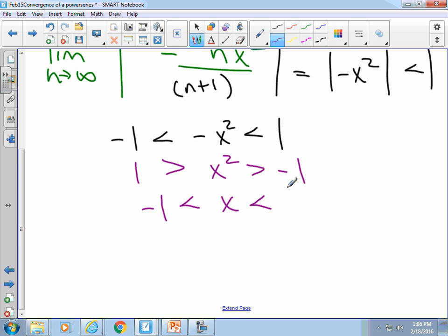We're not just square rooting, but anytime you have a square between negative 1 and 1, the square root would have to still be between them. If it were between something like negative 2 and 2, then x would be between negative radical 2 and radical 2. So you can kind of think about square rooting, but you don't actually get imaginary numbers there.